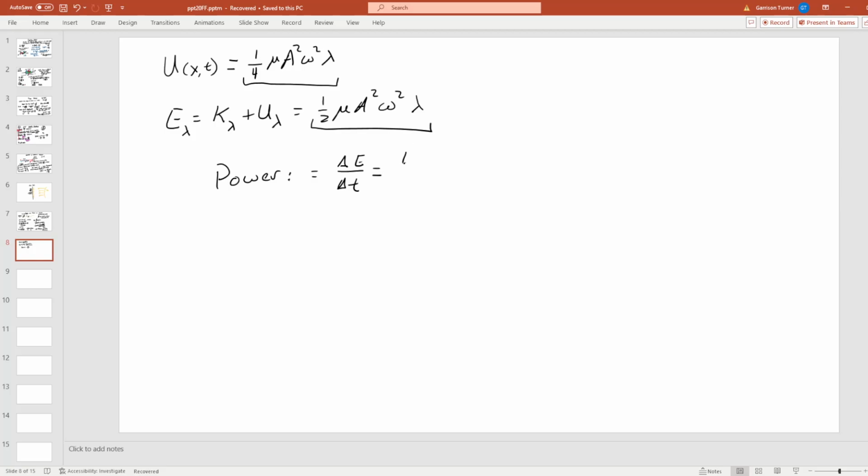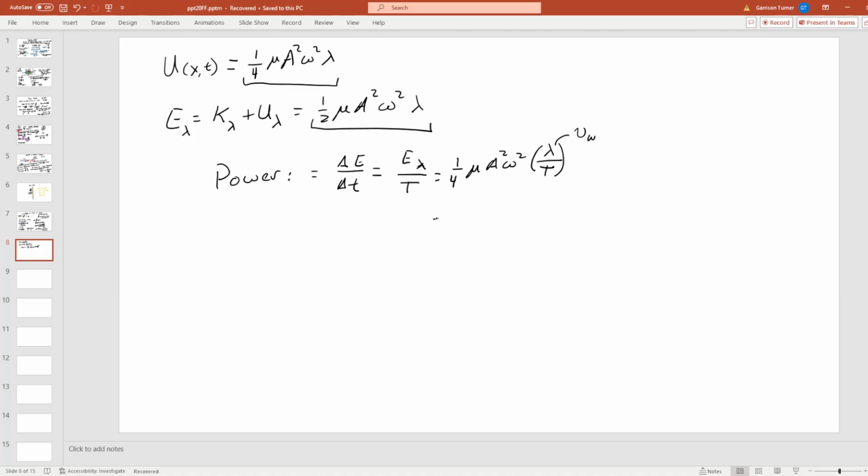So we can say that E over one wavelength divided by the period of the wave is equal to delta E over delta t. Plugging this in, this is 1/2 mu A squared omega squared lambda over the period. But lambda over the period is the speed of the wave, so this is VW.